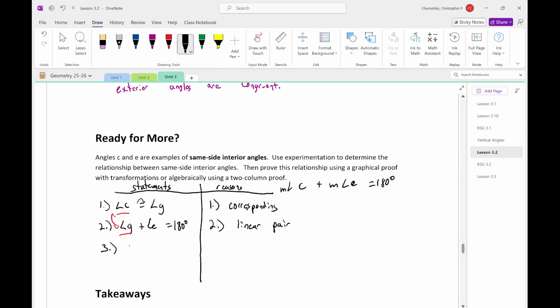Okay, so angle C plus angle E equals 180 degrees. So that's a substitution.